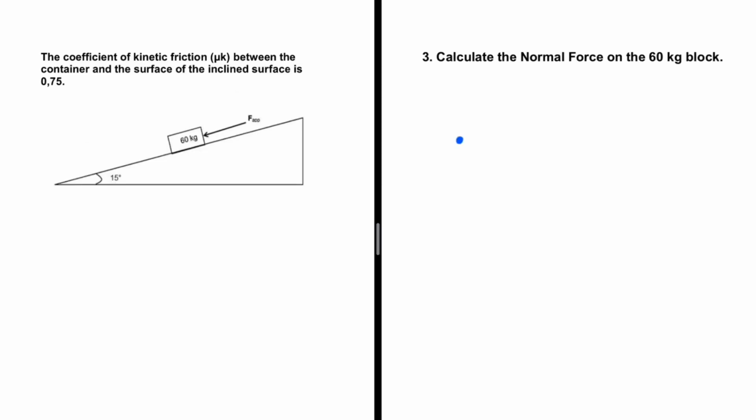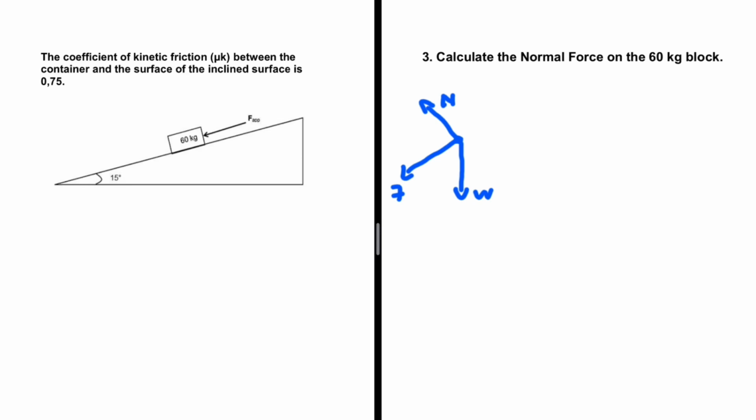You can see where it is coming from. So the 60 kg block, first things first, the weight. I worry about everything else after the weight. And then we have an inclined surface. And then the normal force will be perpendicular to the surface. So this is our normal force. We have our force applied down the incline. So there we go. We have force applied.